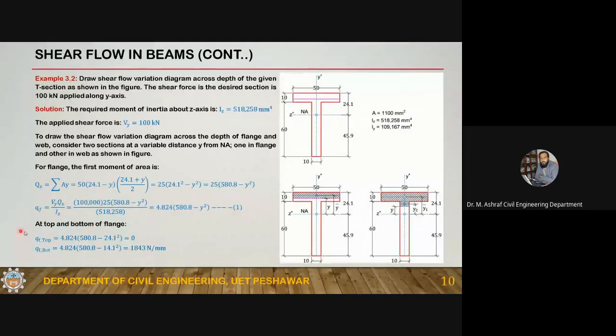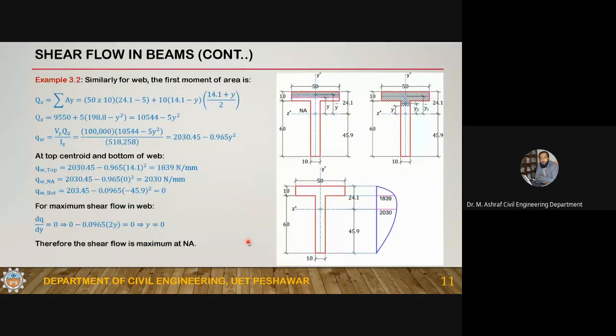You can get at the top of the flange, you have 0. At the bottom of the flange, you have 1843 Newton per millimeter. The unit of the shear flow, since this is force per unit length, and since the linear units are in millimeter and the force units are in Newton, is Newton per millimeter.